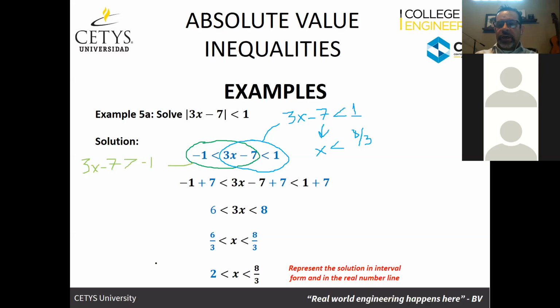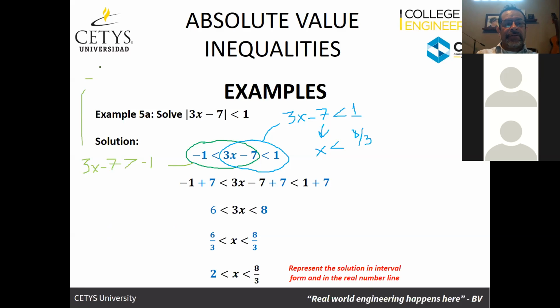Or an equivalent way of doing exactly the same thing is saying that the negative, notice that what I'm going to write down here is exactly the same thing. I'm going to put this over here.